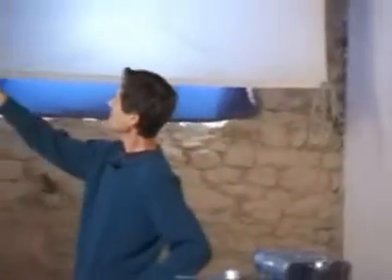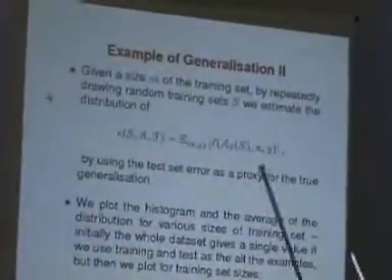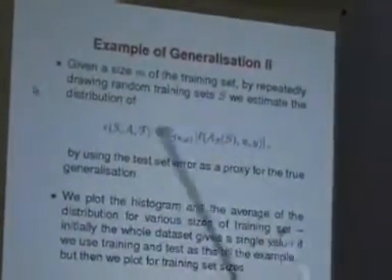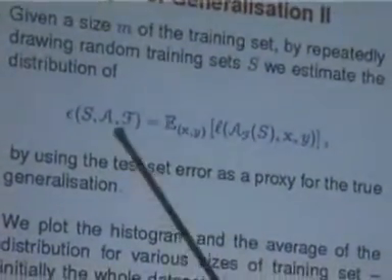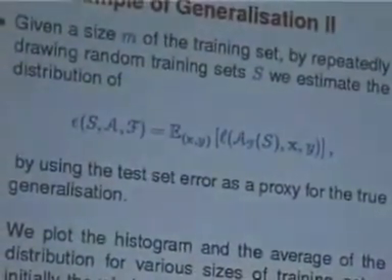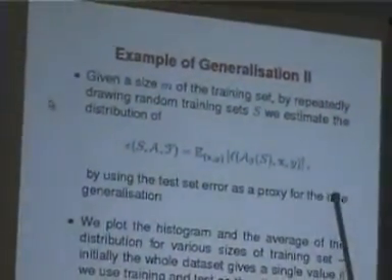What I'm going to do is repeatedly draw random training sets S, and get an estimate of this distribution. I'm going to create a histogram of the distribution of the errors. Each time I draw a random training set, I'm going to compute this quantity, in the way that we always do, by estimating it on a test set.